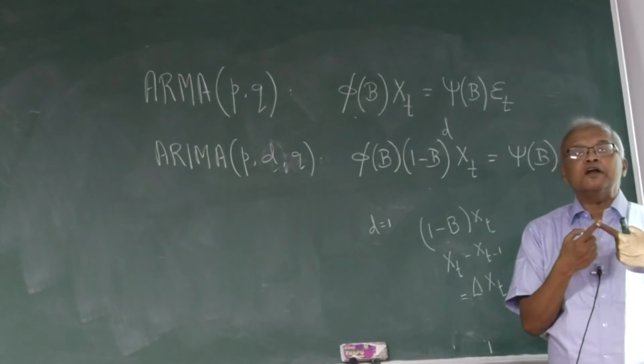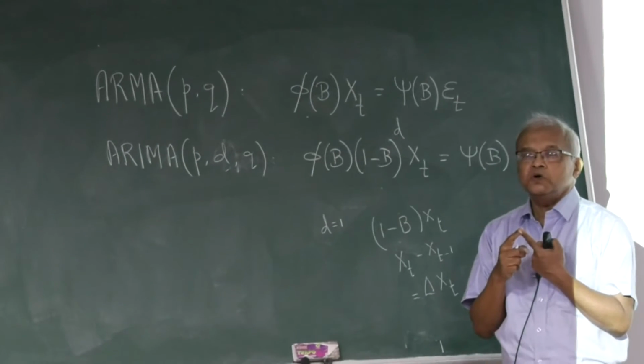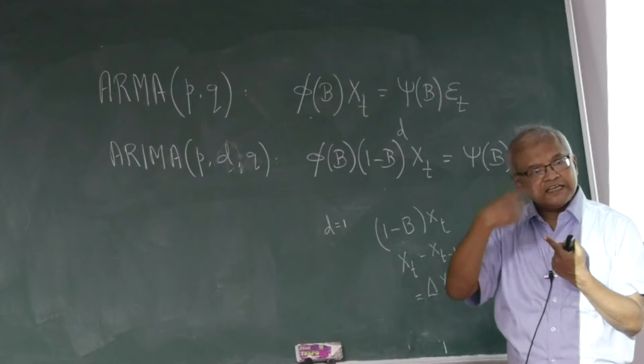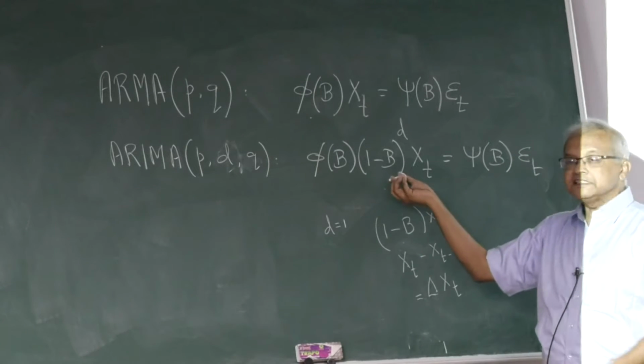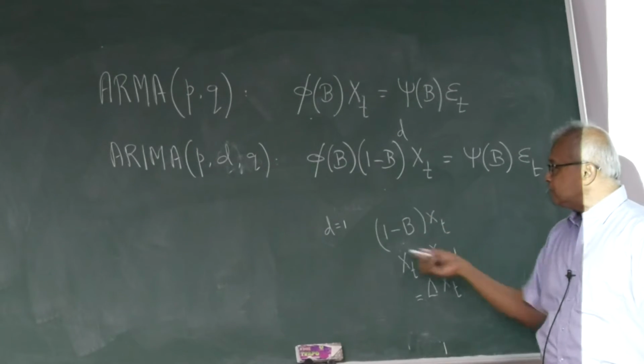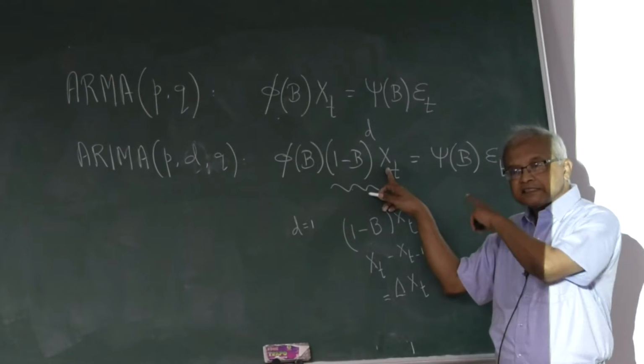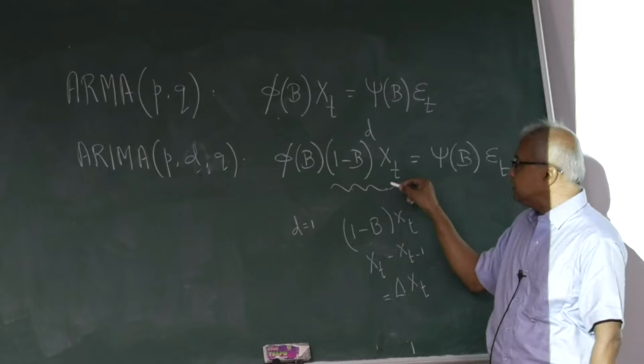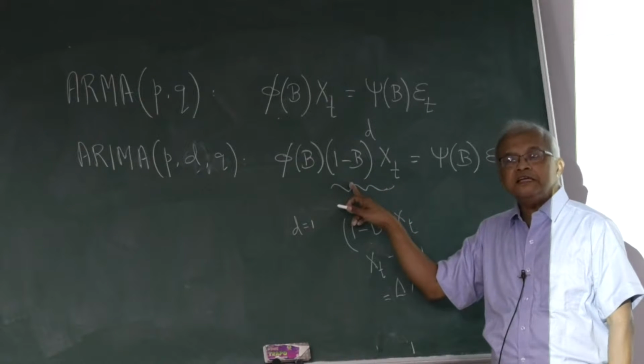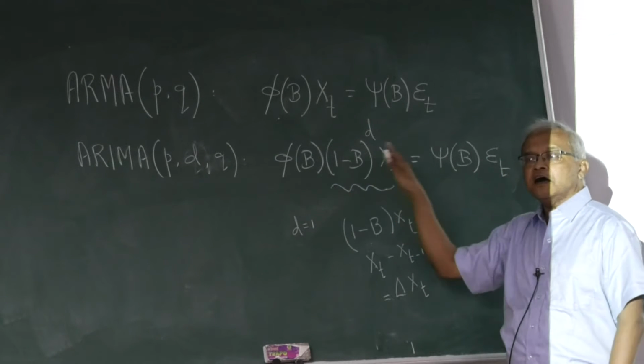Remember, differencing detrends the series. So if x_t has a trend and I difference it, I can take the trend out of x_t and then fit the ARMA model.